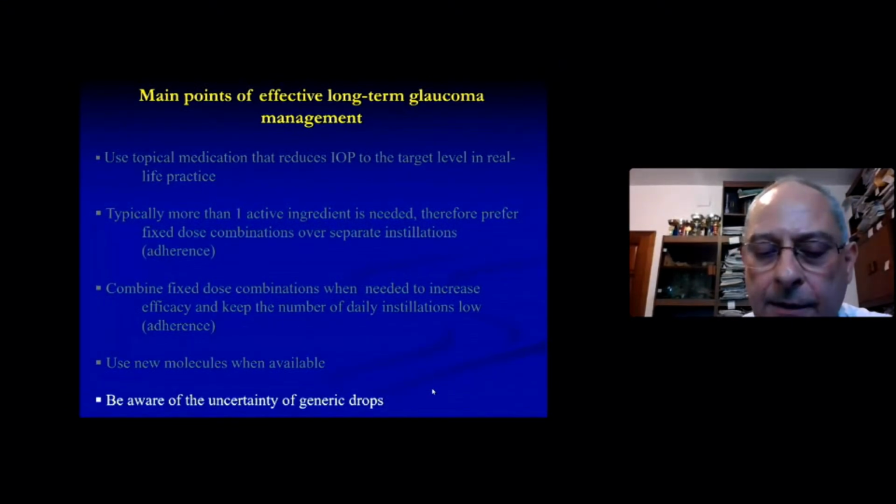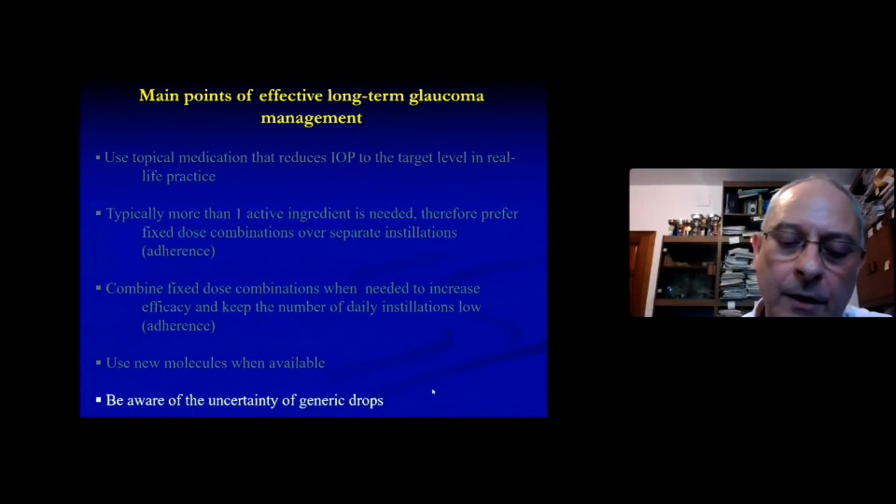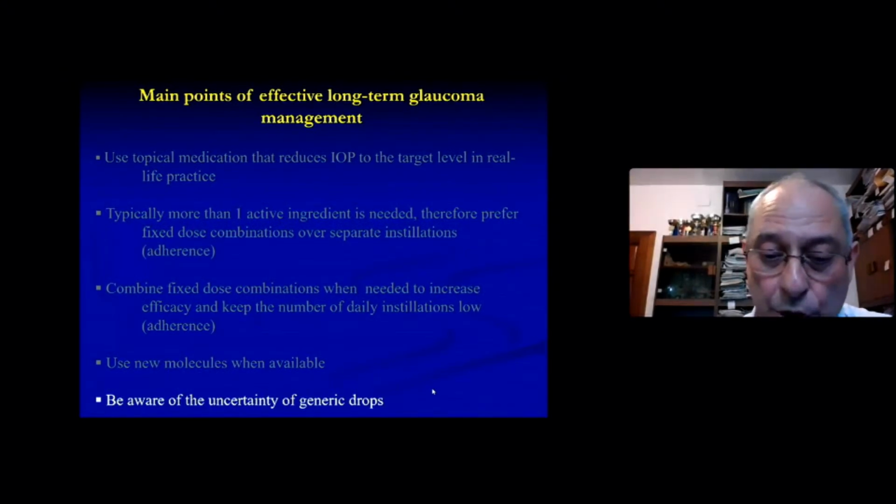So the drop size and the ease of delivering the drop from the dropper varies a lot, and patients usually do not have a major advantage in changing between different bottles and different forms of generic medications, even if they are formally, according to authorities, alike.